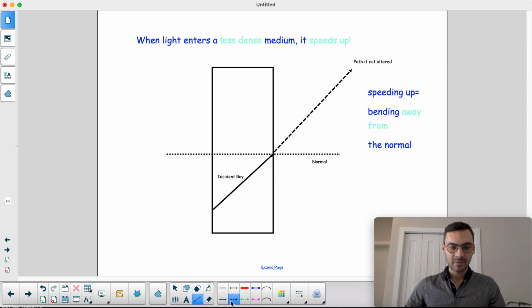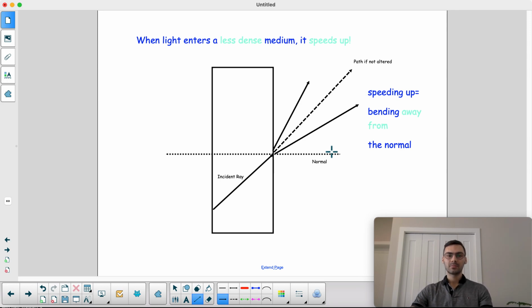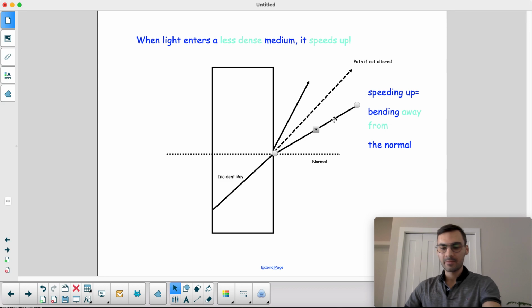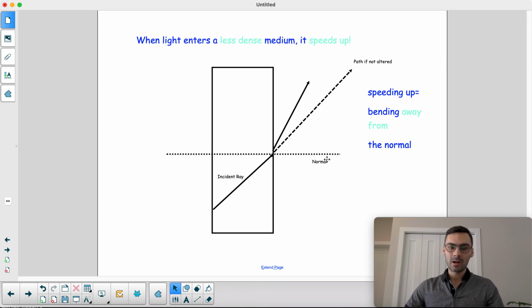And the last one I gave you two options, whether it would be coming out on this side of the normal or that one. So if it's going away from this one over here or away from this one here. Now, the answer is that it is moving away from the normal on the side of the light that is passing through. So we see our normal, if our path was not altered, it would come here.